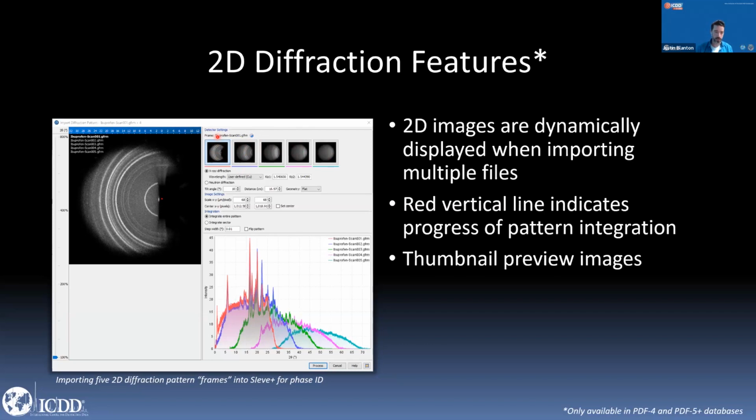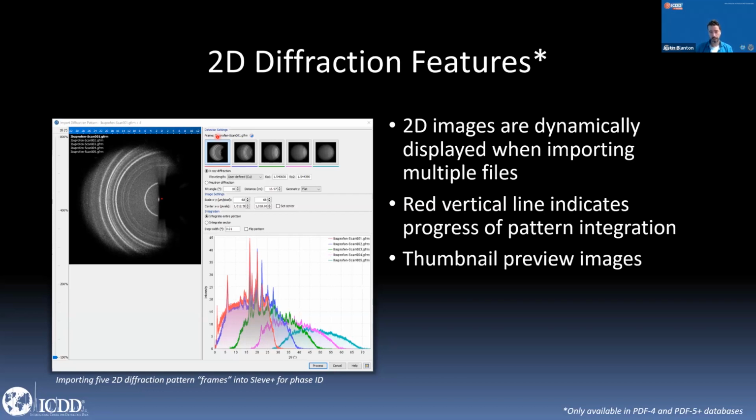Some of the new features you'll see for 2D diffraction patterns is that 2D images are now dynamically displayed when importing multiple files. In many cases, when you're importing these multiple files, sometimes referred to as frame files, you would have multiple frames of data.